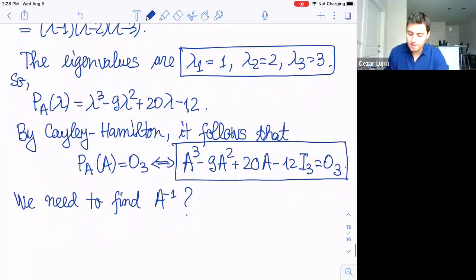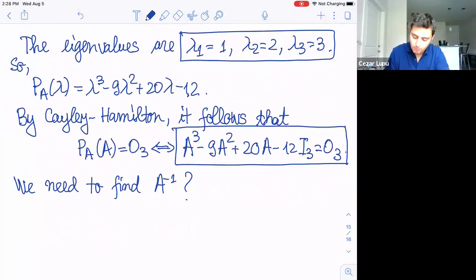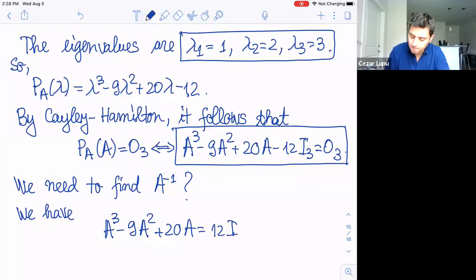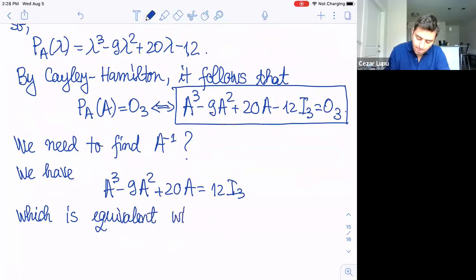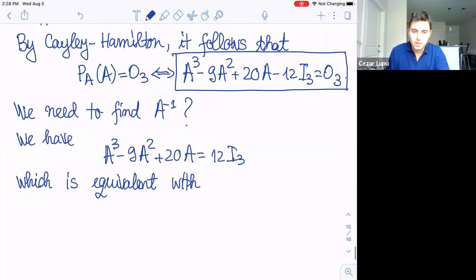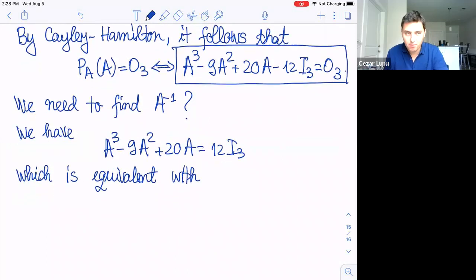Look at this equality. Let's rewrite it. We have that A cubed minus 9A squared plus 20A equals 12 times the identity, right? And now here I have a common factor, which is equivalent with, basically I'm just doing operations with matrices.